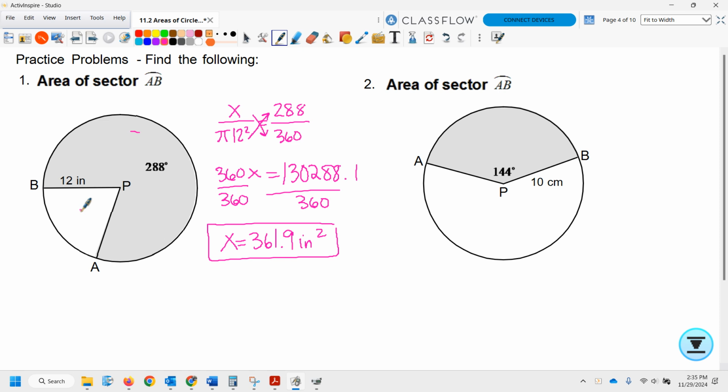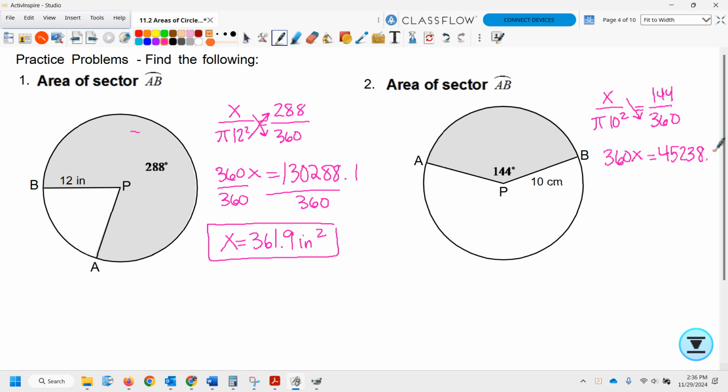Again, area of a sector. That's X up here. Pi r squared. Pi times 10 squared, because r is 10. That's the radius. Equals the measure of the gray angle, 144, over the whole circle, 360. Cross multiply. 360x. Get out your fancy calculators. Pi times 10 squared times 144 is 45,238.9.